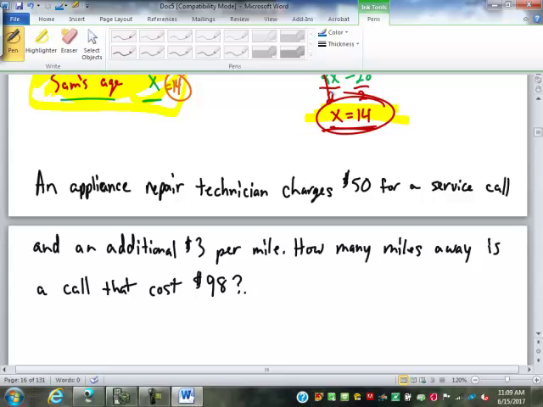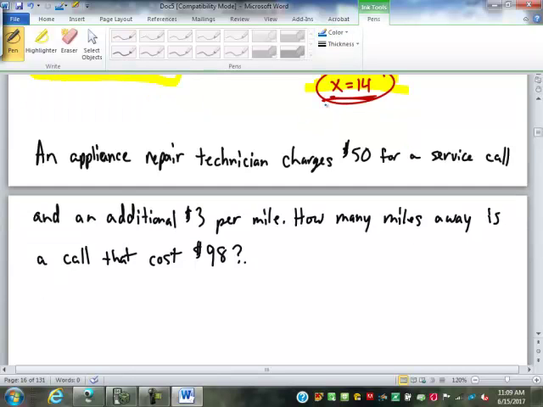So here we don't have a formula for this. No, we don't have a perimeter or a profit or whatever. We have to figure out some way to come up with this relationship ourselves. So remember, we have two things that add to make a total, two things that subtract to make a difference, or two things that are equal to each other. Here we have two things that add to make a total. The words I use here are not important, it's what they stand for.